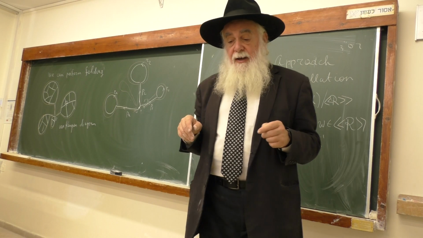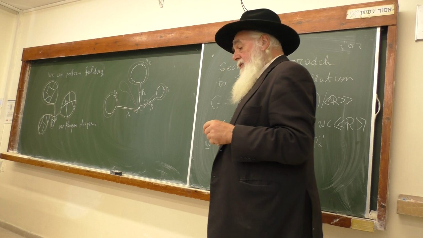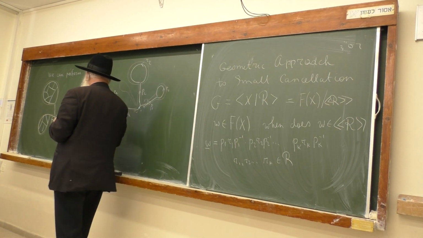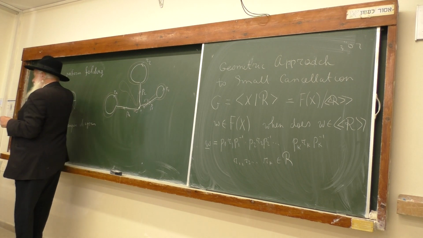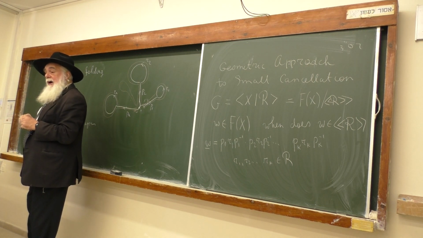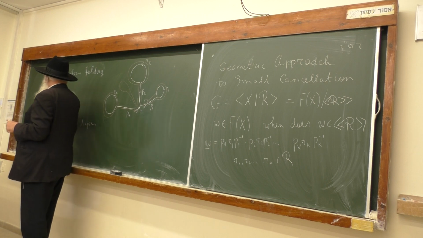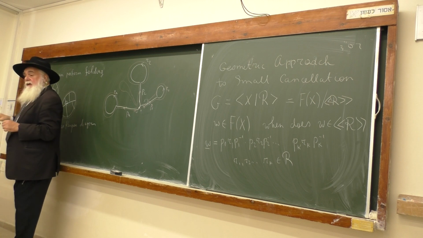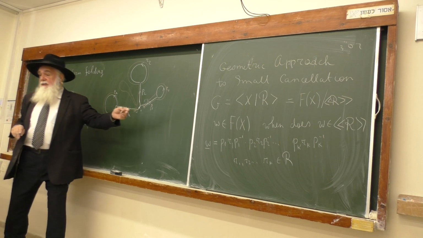In any case, we have now the word written on the outer boundary of the two cell, while on the boundary of each cell we have one of these relators.